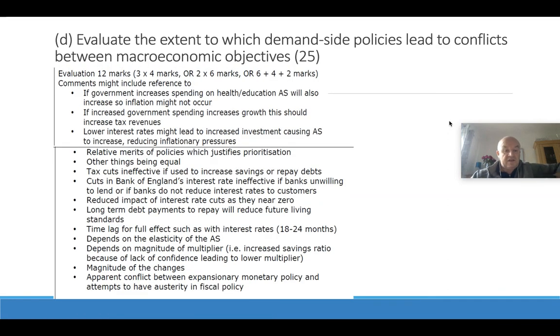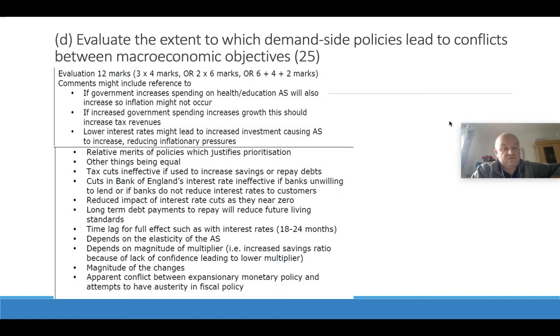In addition to that, then looking at how you could then evaluate, there are some examples there of the typical types of evaluative statement that you could use and could consider, and that includes time lags and the elasticity of AS, the magnitude of the multiplier in terms of how that might affect things, and obviously in this case there's clearly going to be apparent conflicts that you can consider.